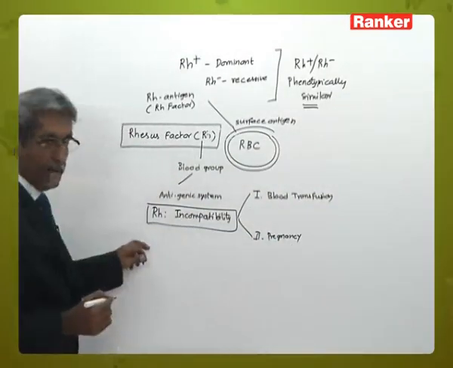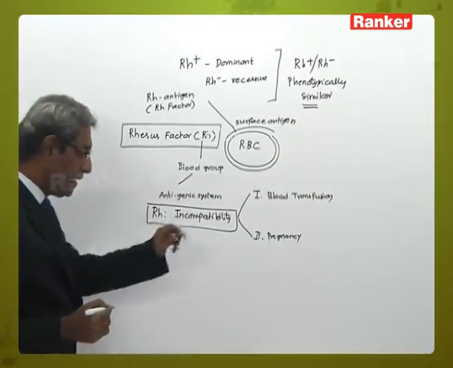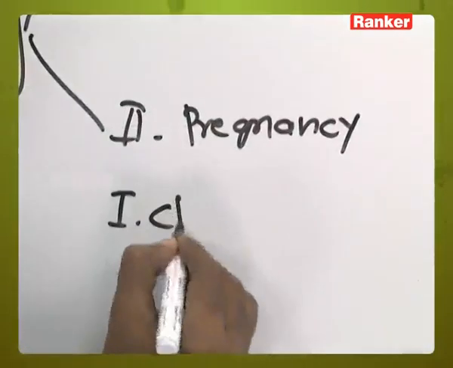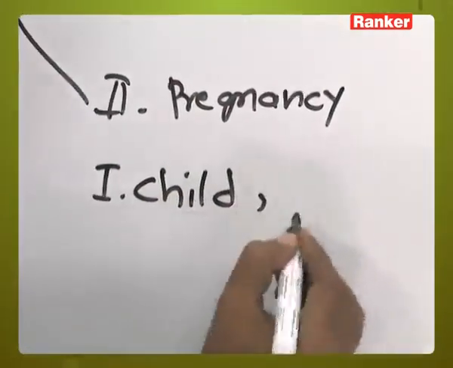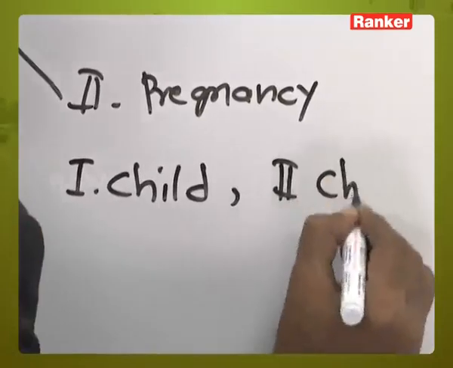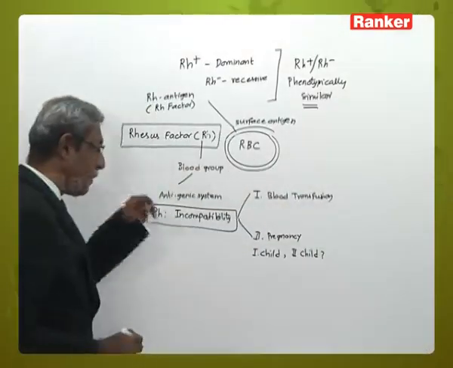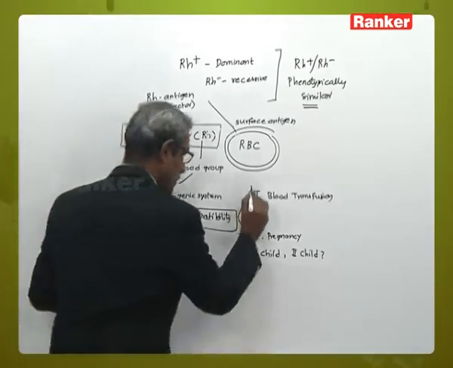How does Rh contribute to pregnancy when the first child is born, as well as when the second child is born? So, we will have to study Rh incompatibility in terms of blood transfusion.